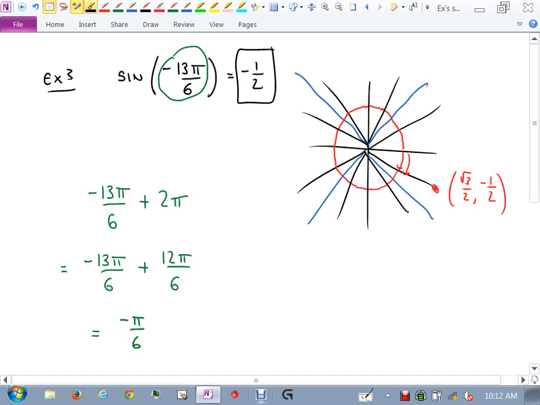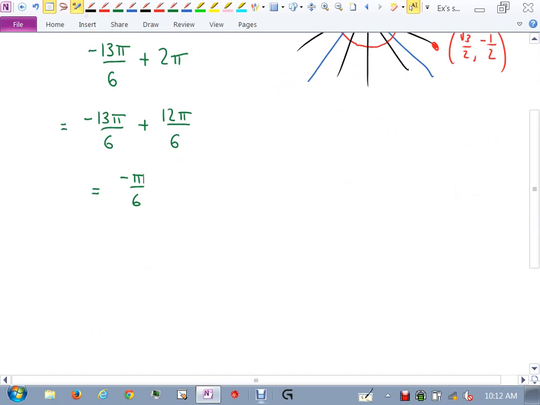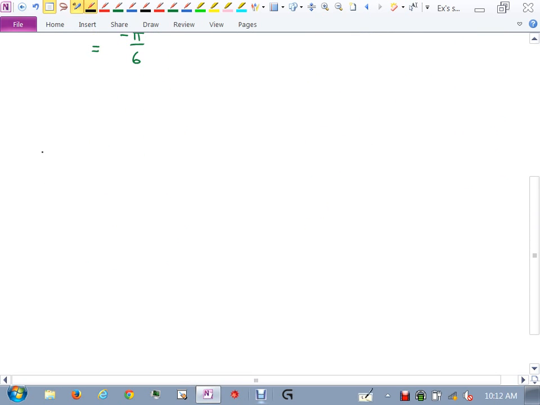All right, how about this? What about, we haven't done this yet, tangent of 390 degrees? What's tangent of 390 degrees?